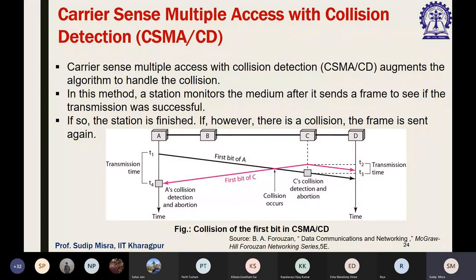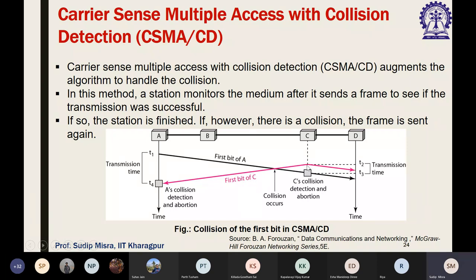Look at this particular scenario, A, B, C, D. At time instant T1, the first bit of the frame from A is going to be sent like this. Now, the first bit of frame C, let us say, is sent at time T2, which is greater than T1. This is going to be heard by the other stations also.